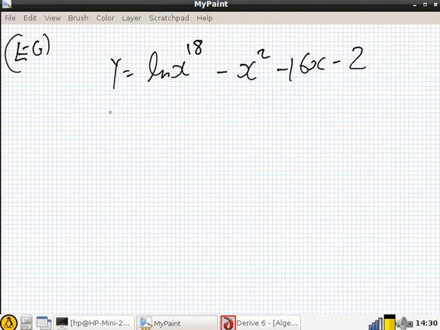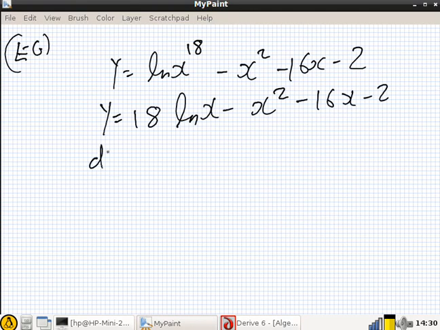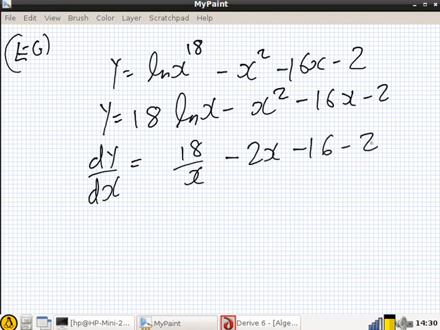Before I even start, I should rewrite this as 18 log x minus x squared minus 16x minus 2. Now I can differentiate. I get 18 over x minus 2x minus 16. Sorry, not minus 2, of course. Minus 16.